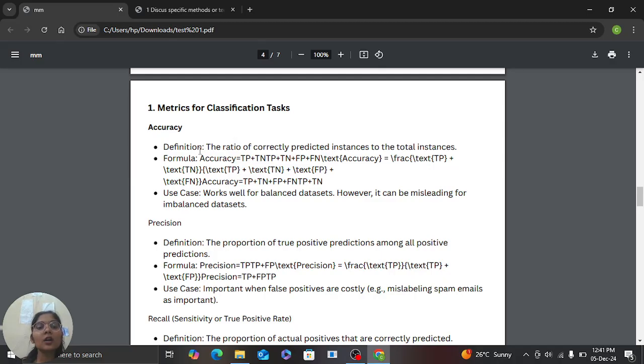The accuracy is defined as the ratio of correctly predicted instances to the total instances. The formula for this is TP plus TN divided by TP plus TN plus FP plus FN. So this is the formula for accuracy.